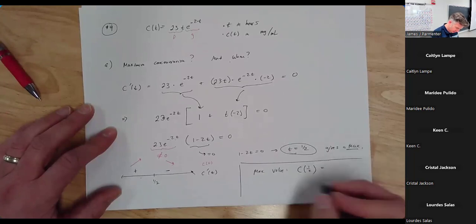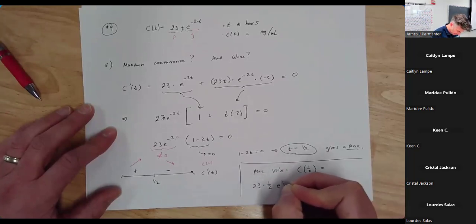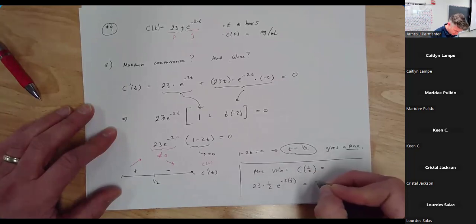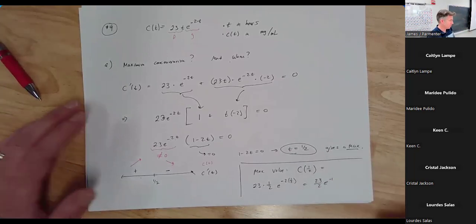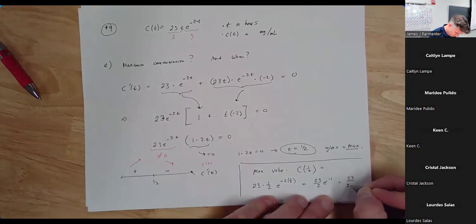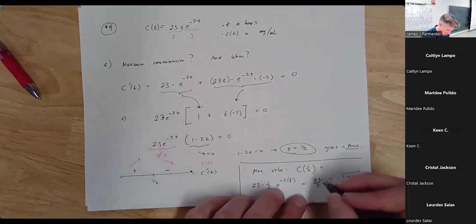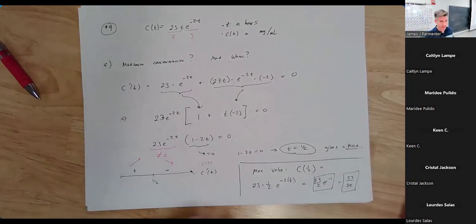Which if we plug that in, you're going to get 23 times 1/2 times e to the -2 times 1/2, which I would probably rewrite as 23 halves times e to the -1, or 23 over 2e if you prefer. And I would not pull out a calculator to approximate that. I would just leave it as is, unless I was asked to get a decimal approximation.